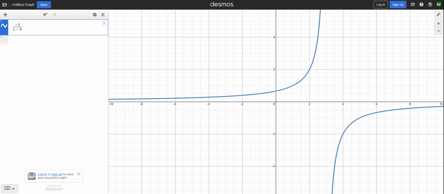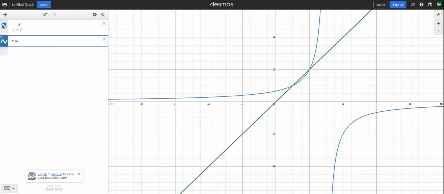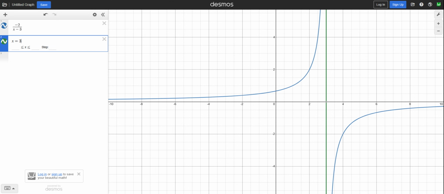So my x-intercept, x equals 3, because that's what makes the denominator 0. Now, this is hugged across y equals 0. Now, the purple and the green cross at 3, 0.